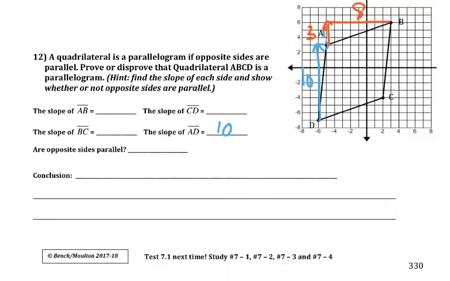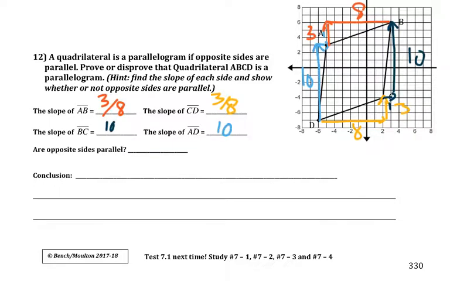So our slope would be 3 over 8. Now CD, we are going to run, looks like 8, and we're going to rise 3. So the slope is 3 over 8. And BC, we're going to run 1 and rise 10. So our slope is 10 over 1, or 10.